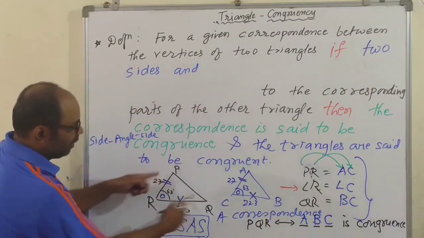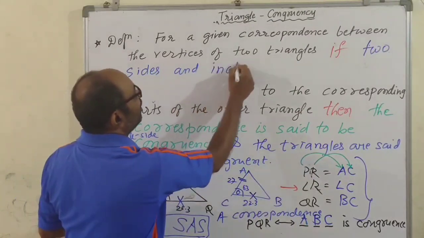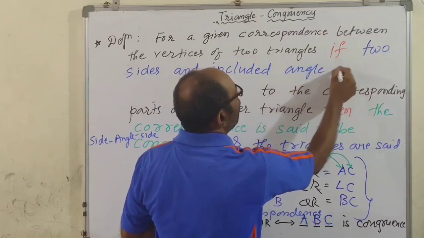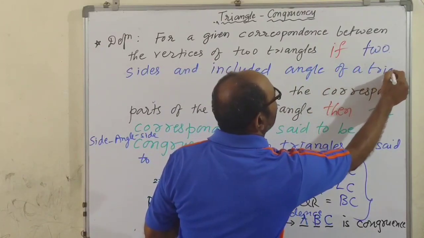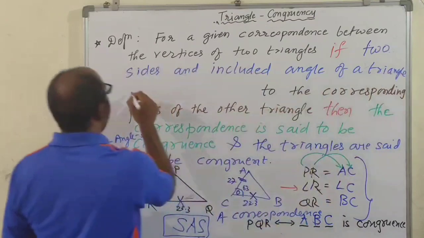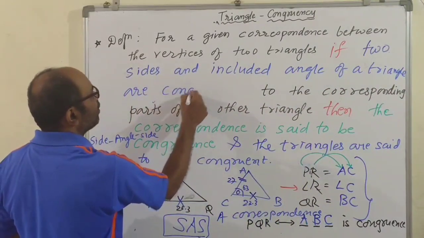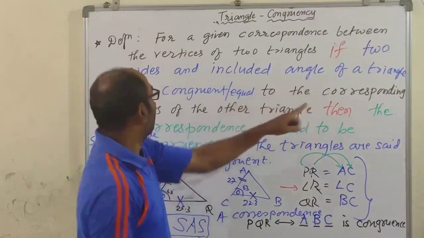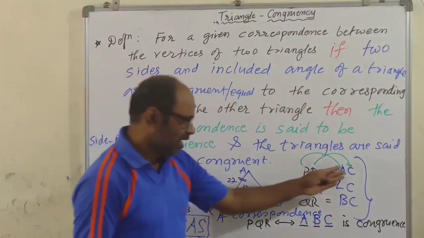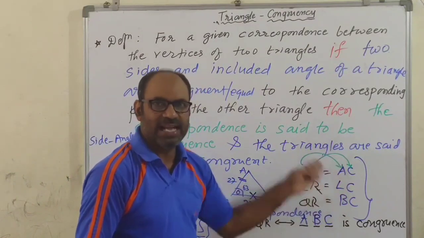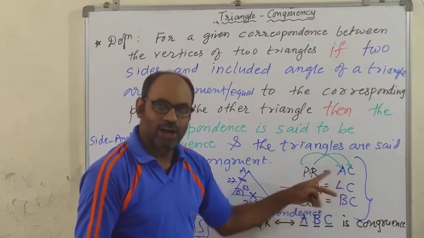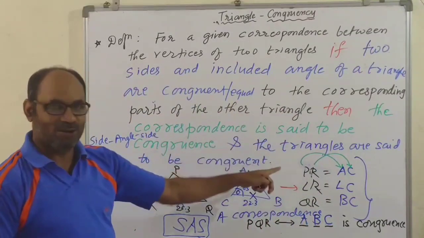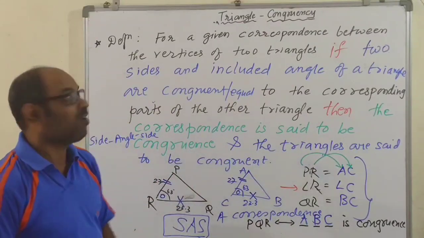The angle between the two sides is called the included angle. Two sides and included angle of a triangle are congruent or equal to the corresponding parts, AC, angle C and BC, the corresponding parts, one angle and two sides of the other triangle, then the correspondence is said to be congruent and the triangles are said to be congruent.